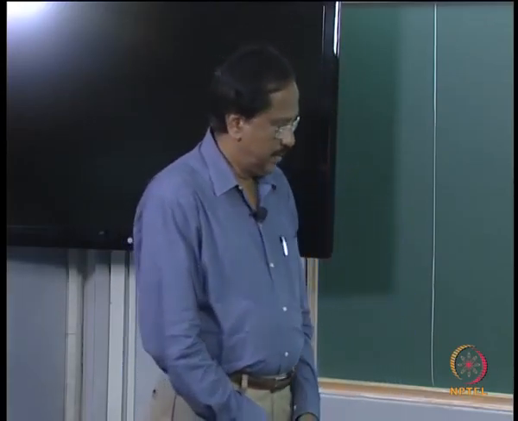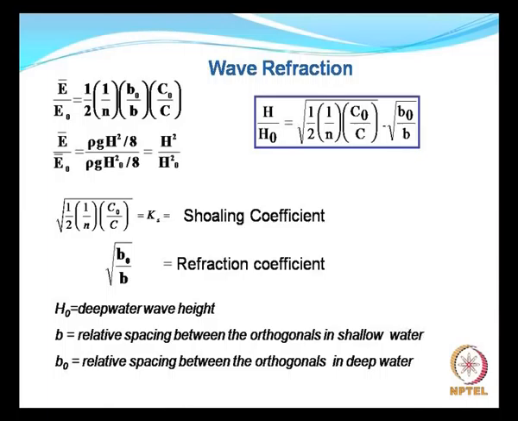When we equate that, we can get a relationship between wave height in transitional water, as you can see here, wave height in a given water depth to wave height in deep water, as a function of C naught and C. What is this? This is nothing but the shoaling coefficient.